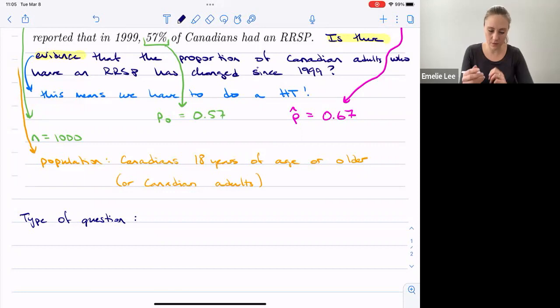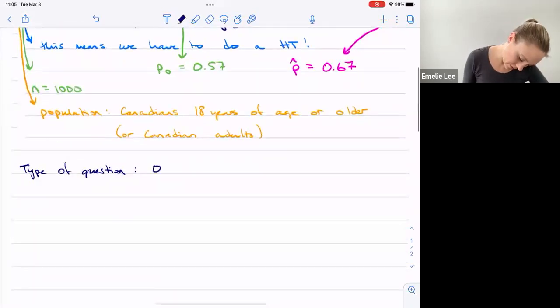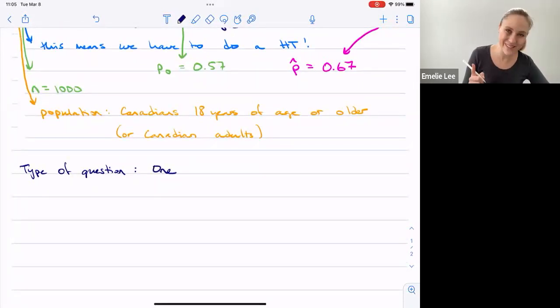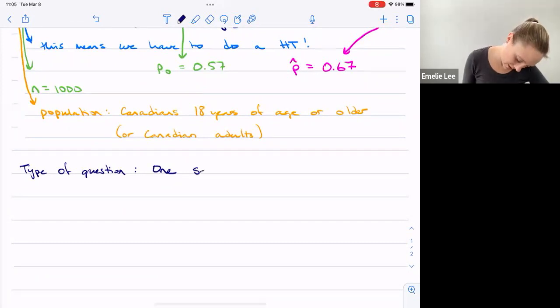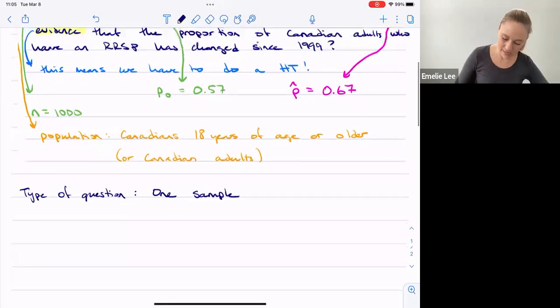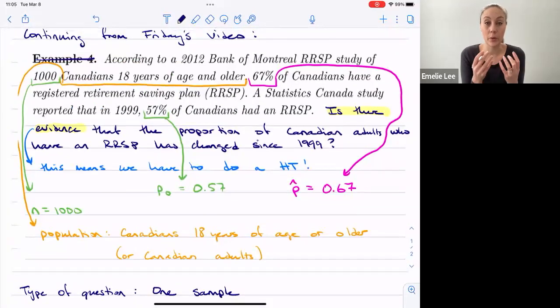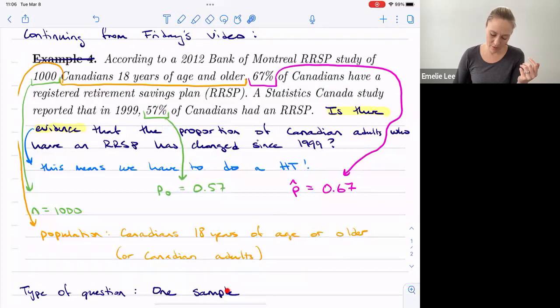Okay, so two samples. One sample in this case. So this is a one sample, and the parameter that we're interested in is the proportion, right? So these percentages, 67%, 57%, those are all proportions because percentages are proportions if we divide them by 100. So this is going to be a proportion question, right? So it's a one sample proportion question.